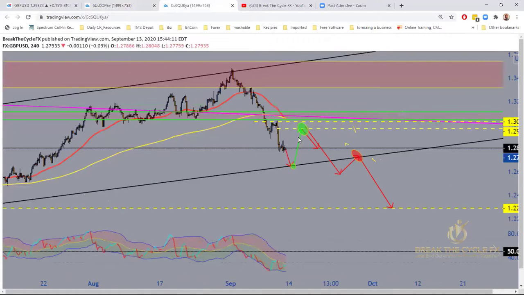On the weekly, you saw right here, this is like an extra 113 pips, I think, or 113, 120, somewhere around there. So I was a little bit hesitant last Sunday when I was doing my bias because I was like, yo, price is sitting right here. It's the EMA 200 on the daily time frame.